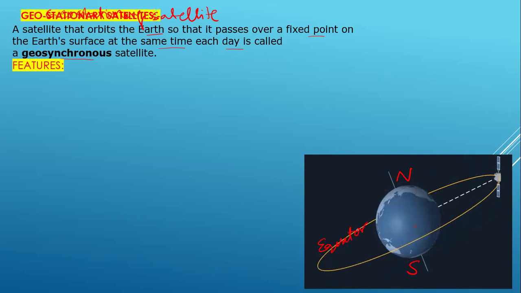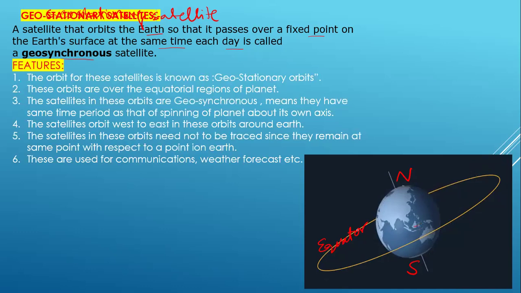Okay, so this is a geostationary satellite, and what are the features of it? First of all, the orbit of these satellites is called a geostationary orbit. Then these are above the equatorial region. This is above the equator only. And the satellites of these orbits are geosynchronous. It means they have the same time period as that of the spinning of the planet about its axis.